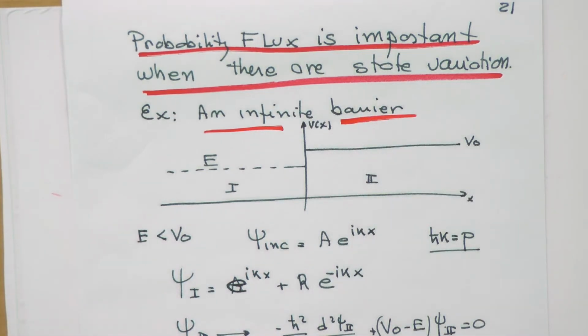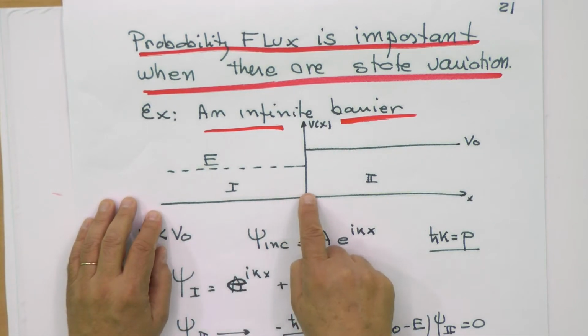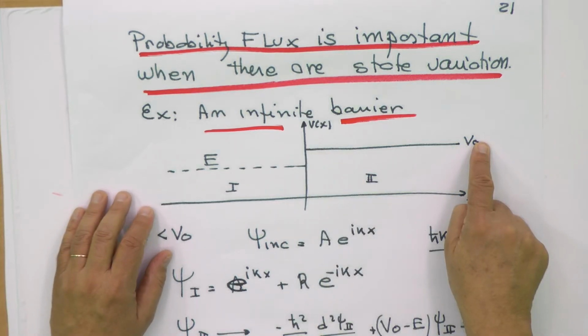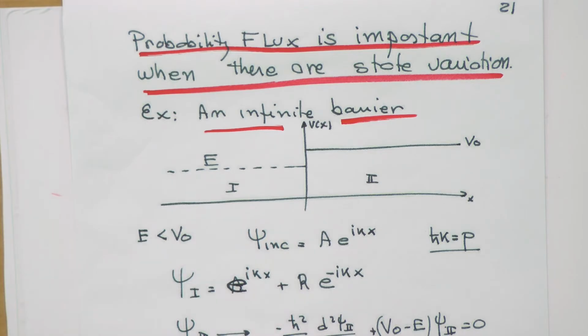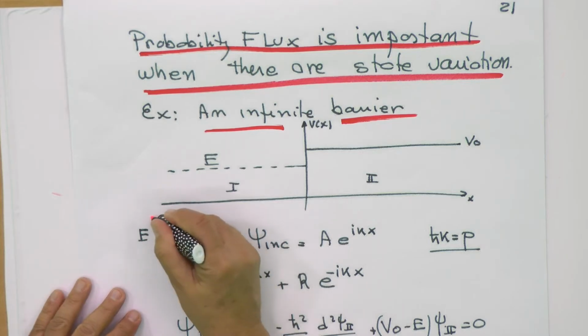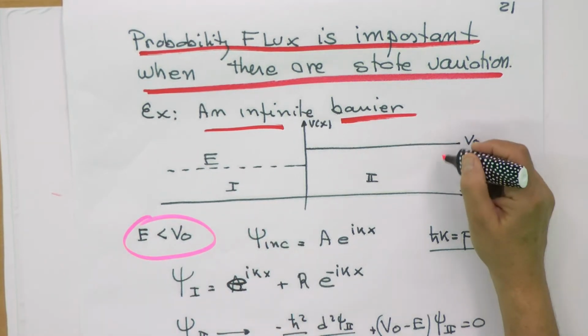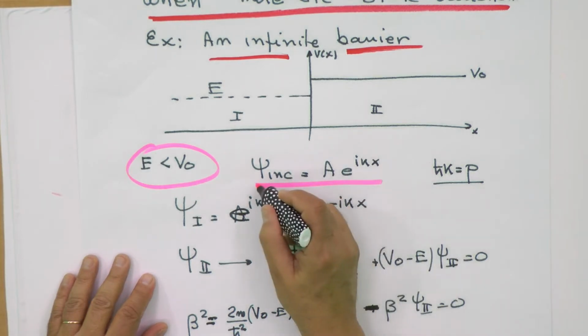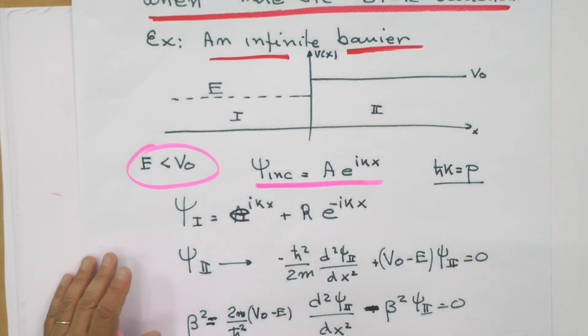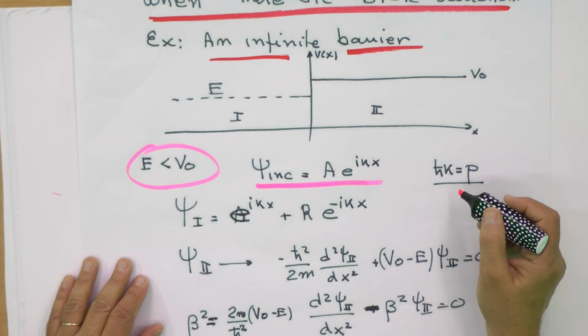So this is a barrier that is 0 here, and that has a step function. And then I have an energy that is less than, of course, the step. So for the case where I have less than the size of the step, we all know the incident is this. We already learned that.